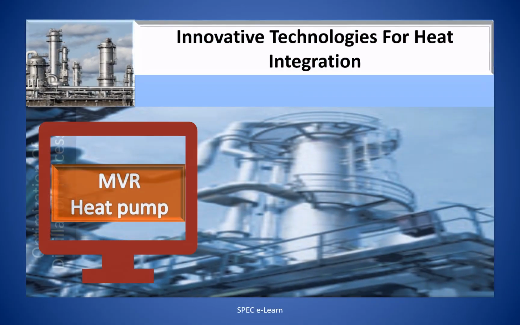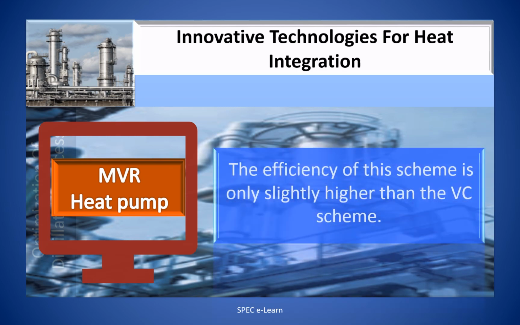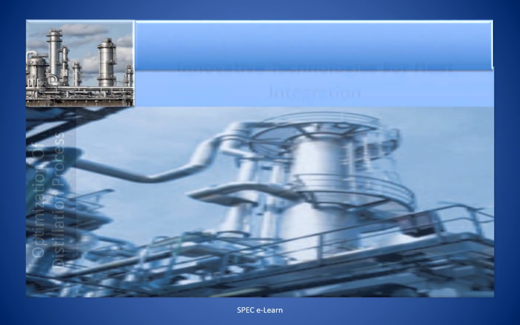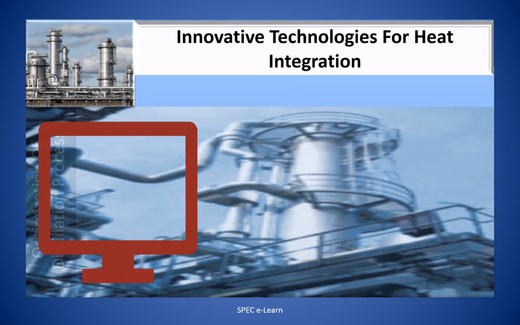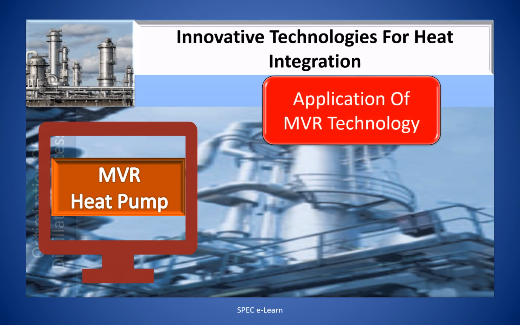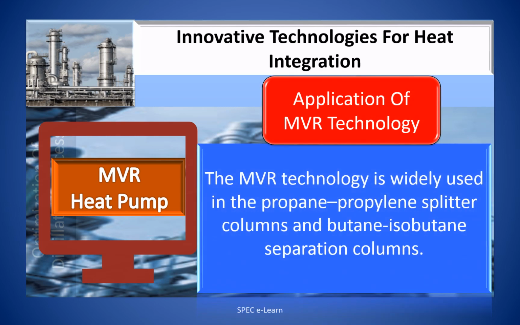The efficiency of the scheme is only slightly higher than the VC scheme. The MVR technology is widely used in the propane-propylene splitter columns and butane-isobutane separation columns.